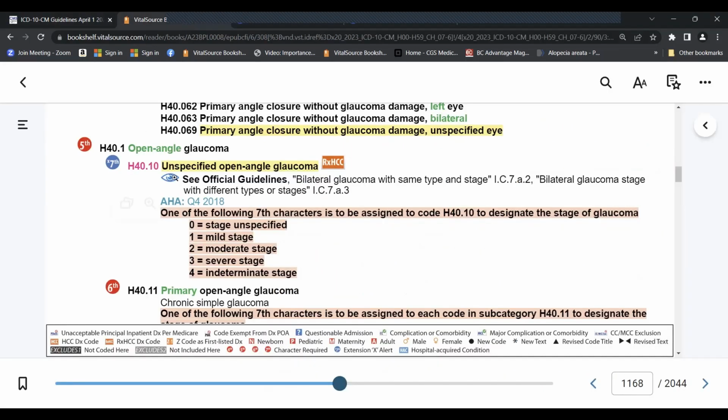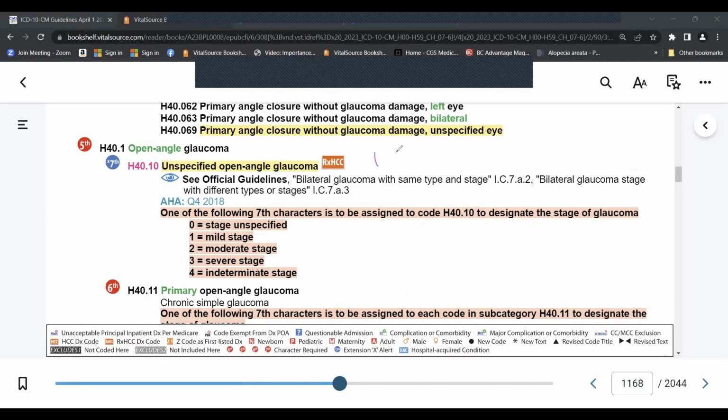So you're just going to code it with the appropriate 7th character because you do not have a code for right or left. So in other words, if both eyes are the same and it's open angle glaucoma, then you're going to code your H40.10. You don't have a 6th character, so that would be the X. And let's say the stage was mild, that would be 1. And that is enough for both eyes.